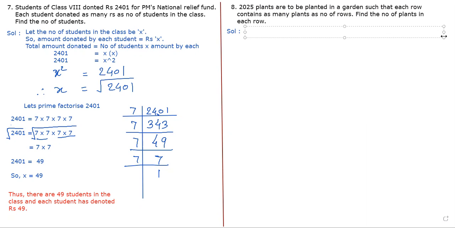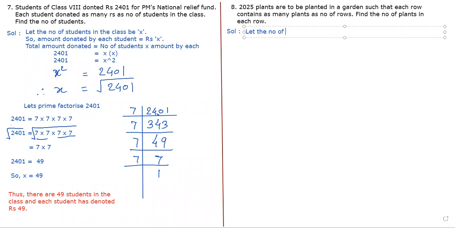So likewise, here also, let the number of plants in each row be X. So how many rows are there? X into X. X rows. Number of rows are also X, and number of plants in each row is also X. And so total number of plants will be X into X, just like the previous example. Yes or no?